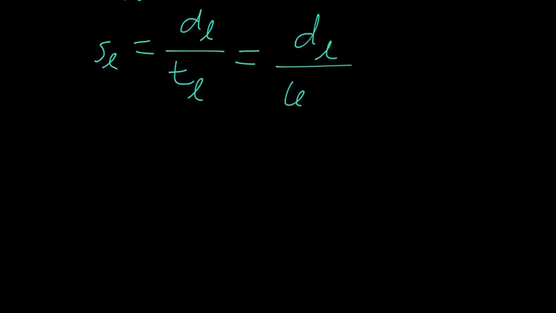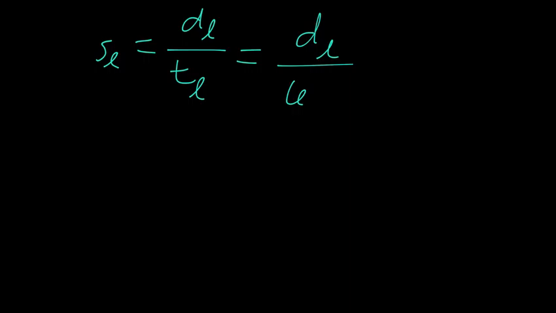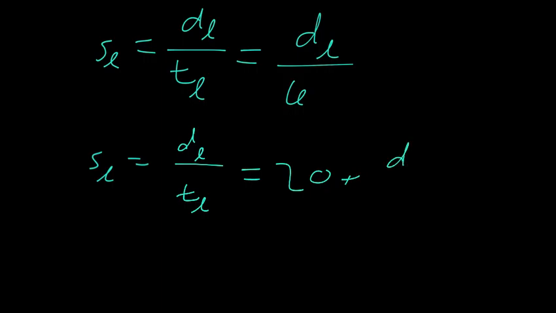But we're also told that that's 20 miles per hour faster than the speed on the winding road. So S sub L equals d sub L over t sub L, which equals 20 miles per hour plus d sub W divided by t sub W.